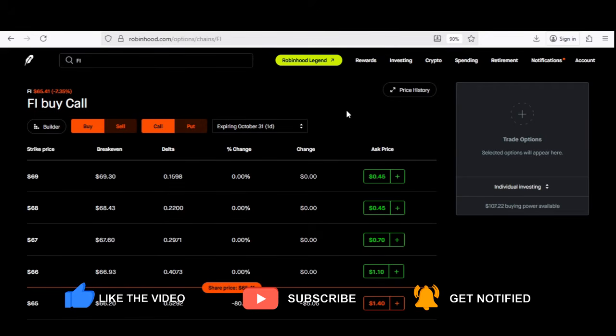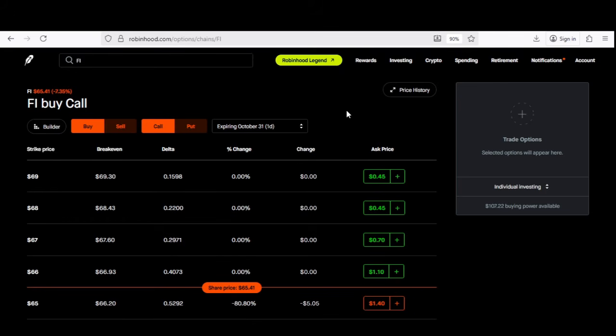Now, the first strategy that I'm going to continue to do with Fiserv is going to be none other than the DCA method. The DCA simply stands for dollar cost average. As I mentioned, I do have an average cost of this stock at $120. Here's my level of thinking.